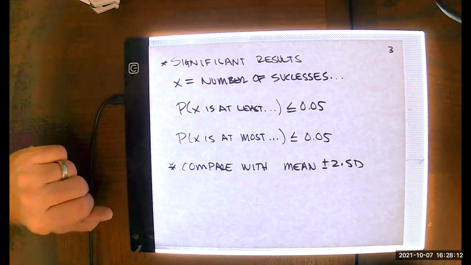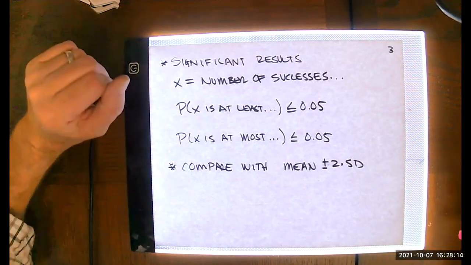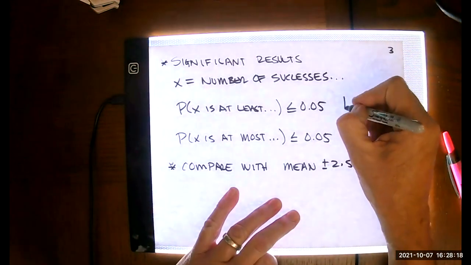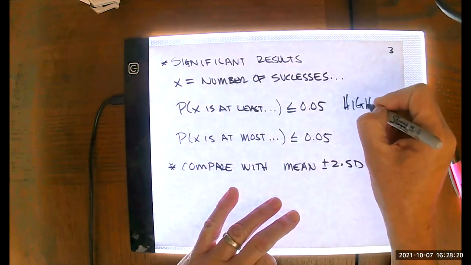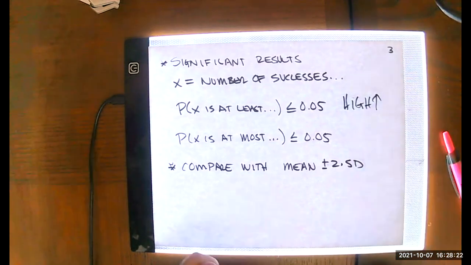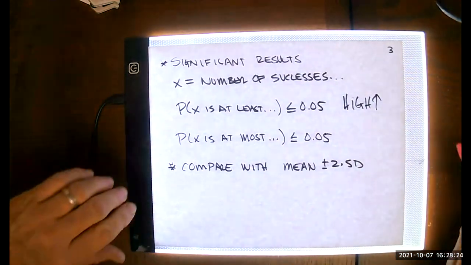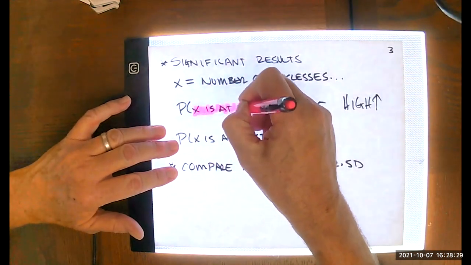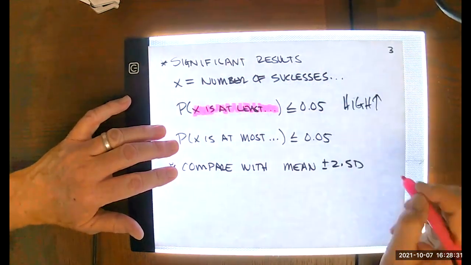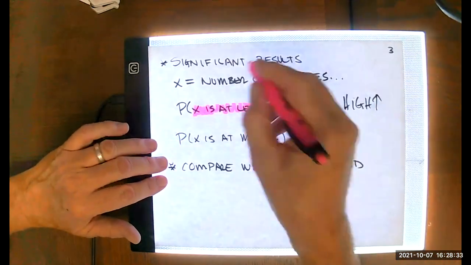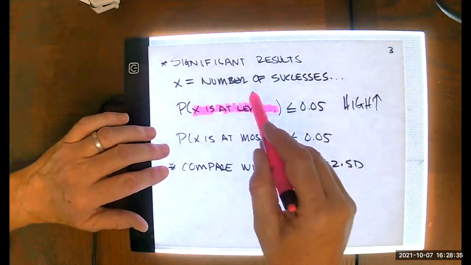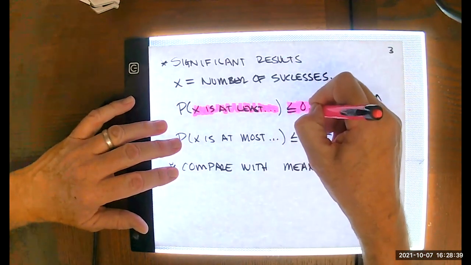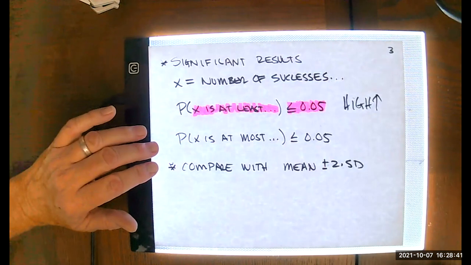So if I want to find the probability of a significantly high number of successes, I want to find the probability that X is at least this many successes, and I need a probability that's less than or equal to 0.05.